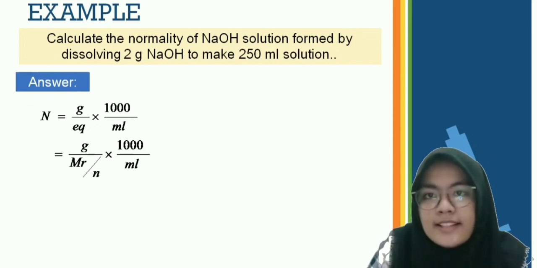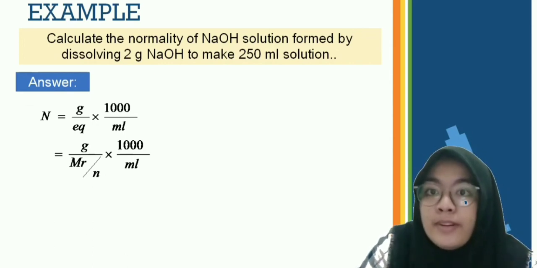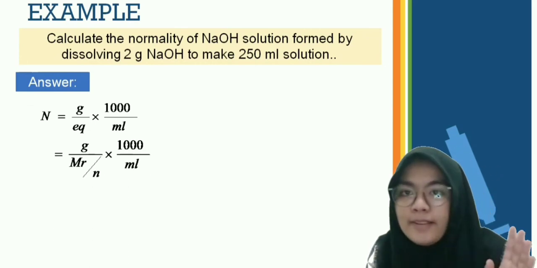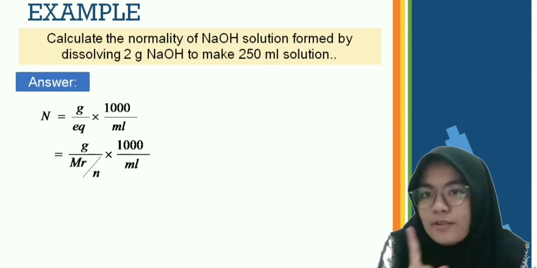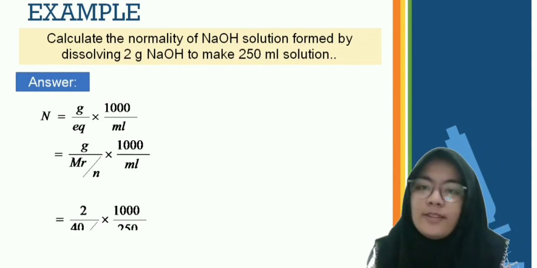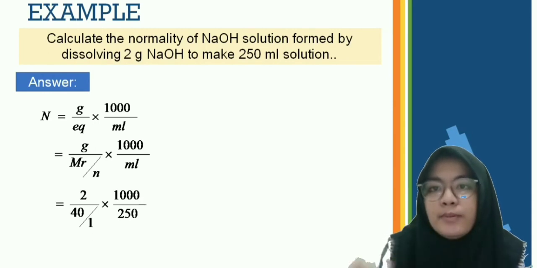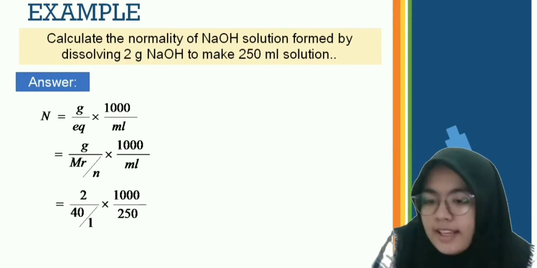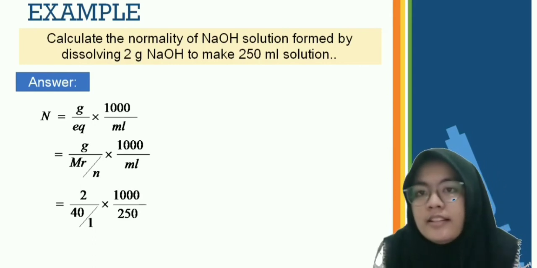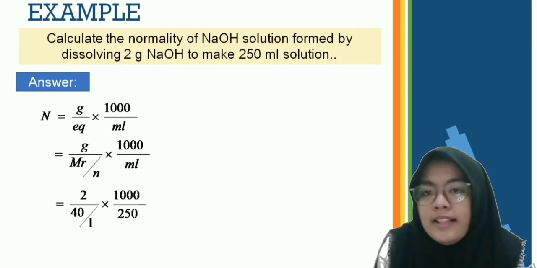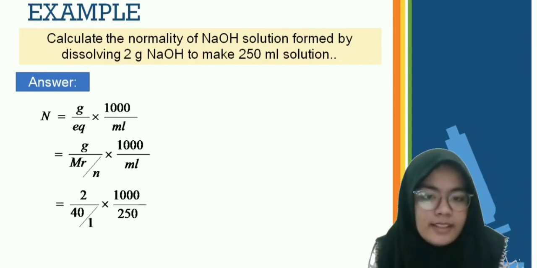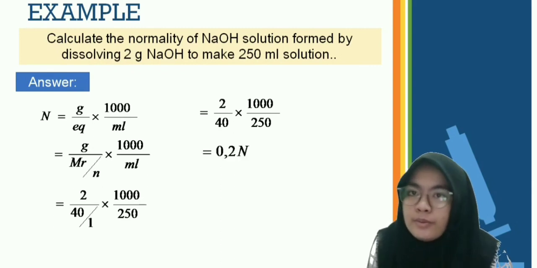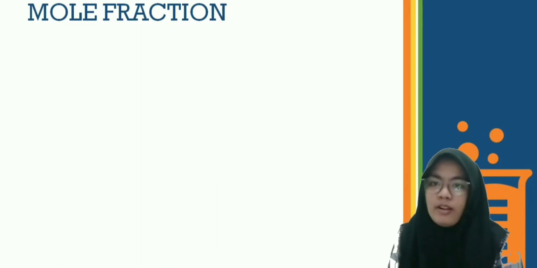And in here n is the valence of the ions. Like I said before, the n of sodium is 1 because sodium is Na plus. So we can put it here. The gram is 2, the MR is 40, the n is 1, the 1000, and the milliliter is 250. And then we have it, 0.2 normality.